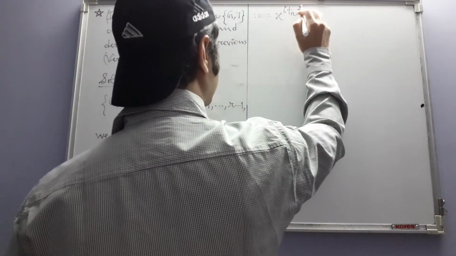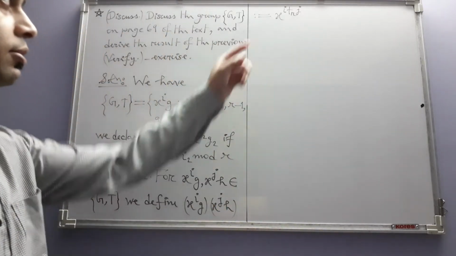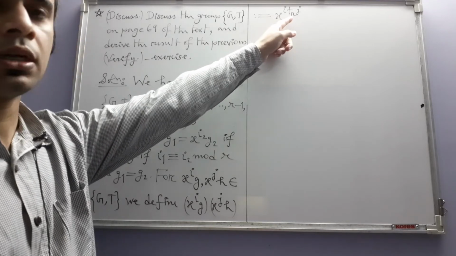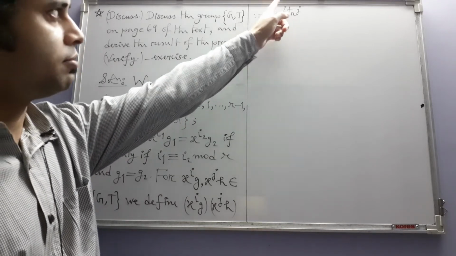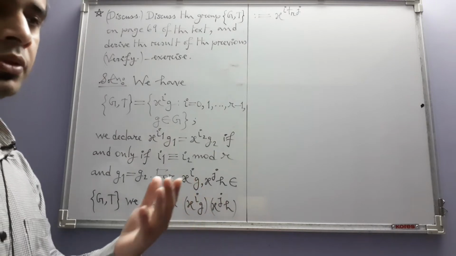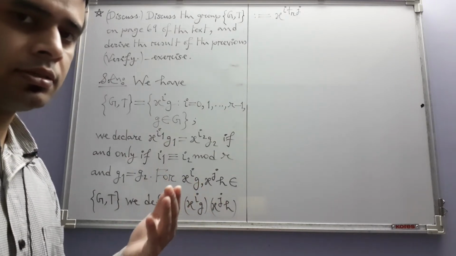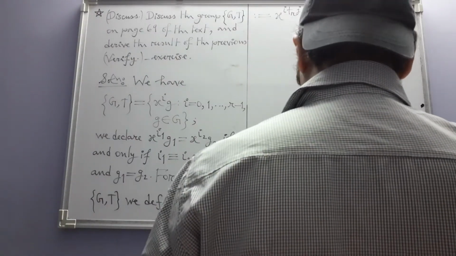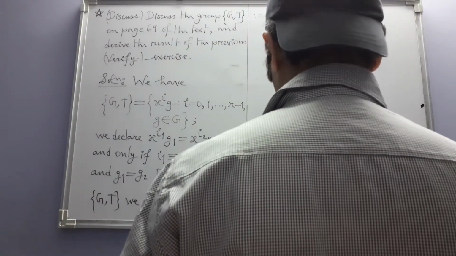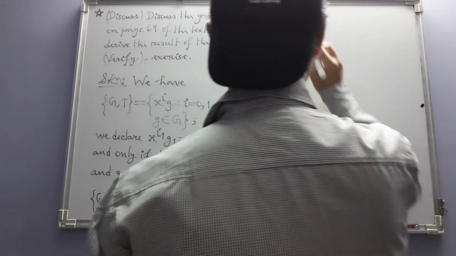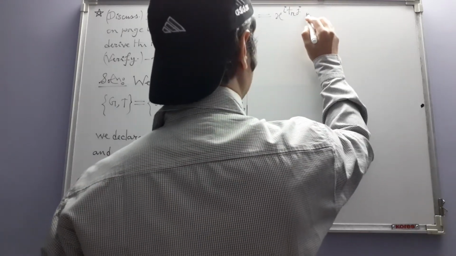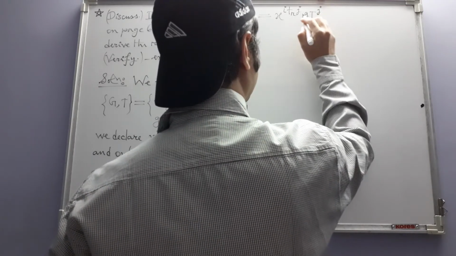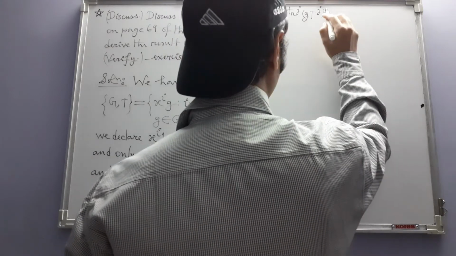But just like the previous verify exercise, here also the plus is not ordinary addition but a special type of addition which gives us the remainder when the ordinary sum I plus j is divided by R. And along with that, this thing.